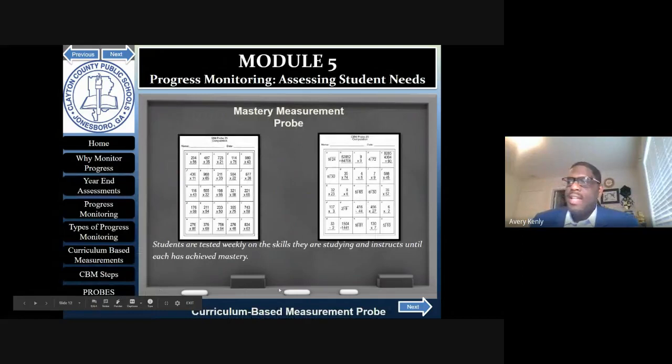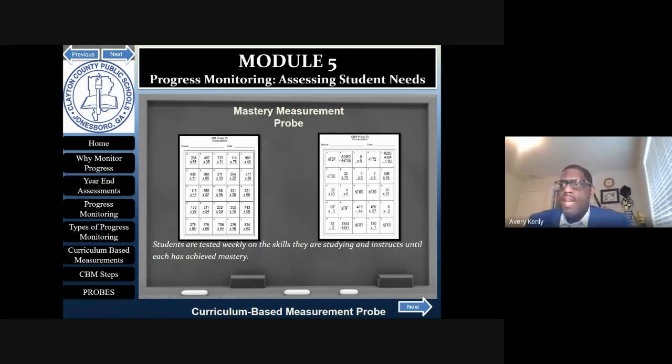So I want you to take a second and just look at this as we discuss mastery measurement probes. All right, so this is a mastery measurement probe. Again, notice that it is something that we're assessing over time.